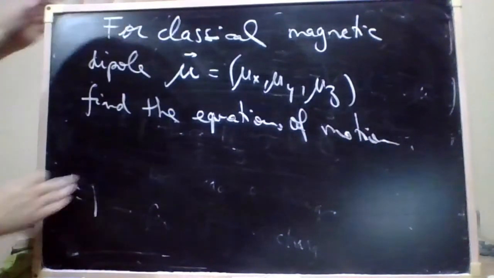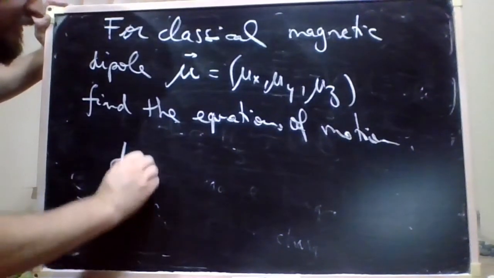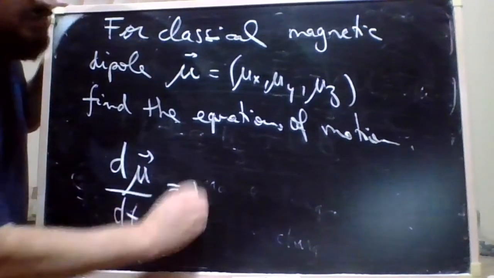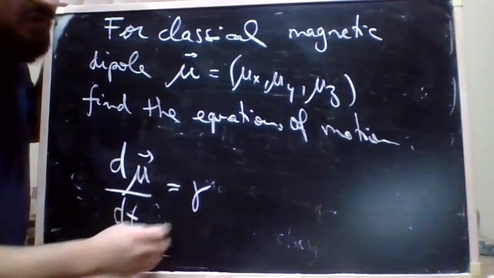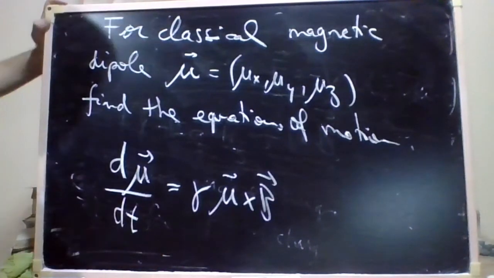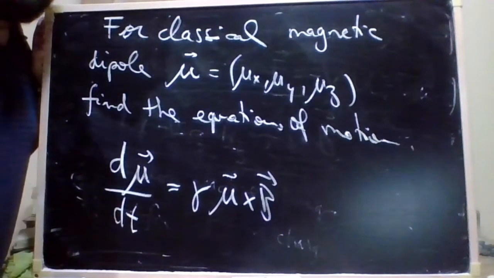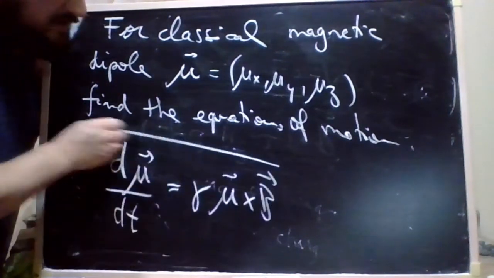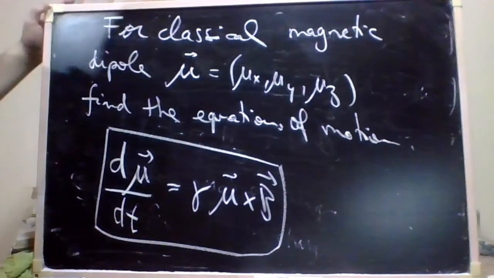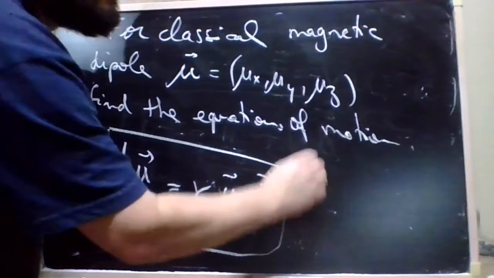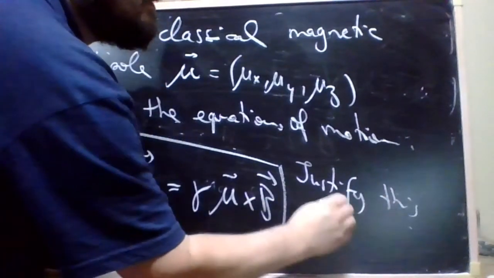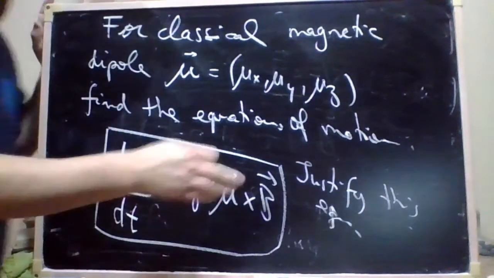Just write down the equations of motion. It is given by this kind of equation, with just a gamma factor, which is a numerical constant here. It corresponds to a torque exerted on angular momentum. You can justify this equation and find the components of this equation.